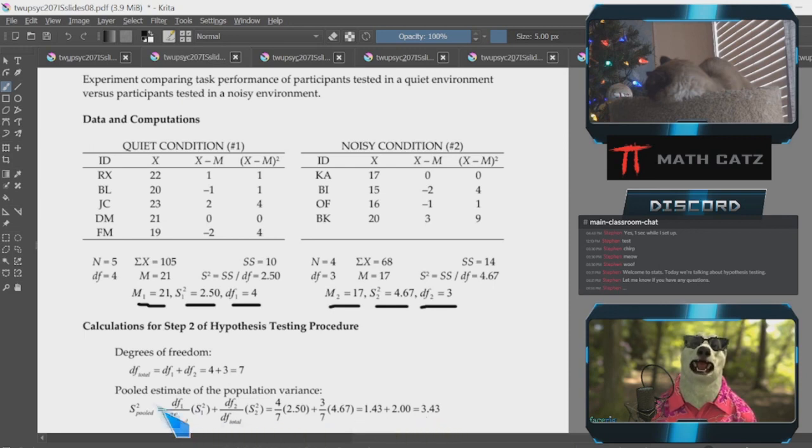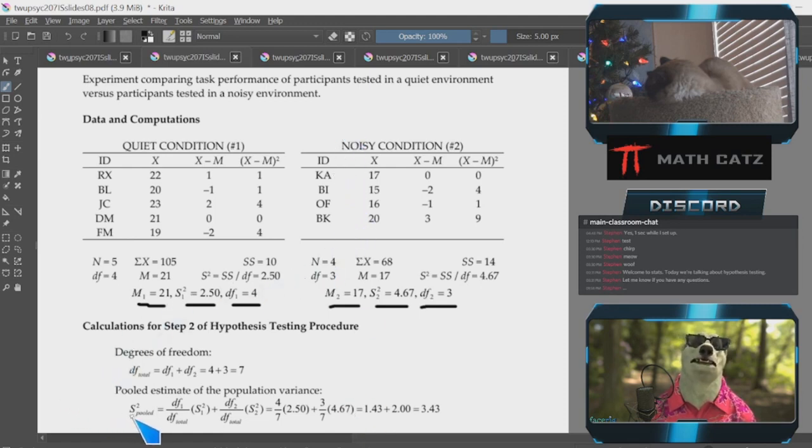The total degrees of freedom, adding up the degrees of freedom for each sample group, is 7. And then the weighted average by way of degrees of freedom. The first variance gets a weight of 4/7, and the second variance gets a weight of 3/7, contributing a little less because there were fewer people.